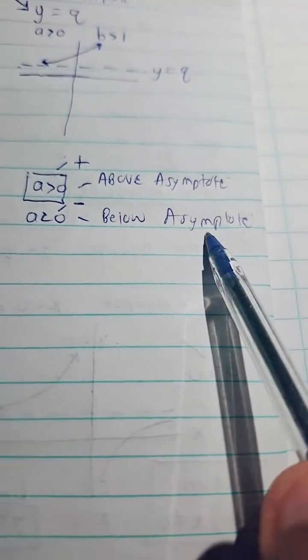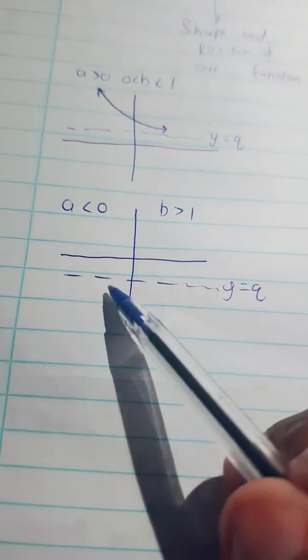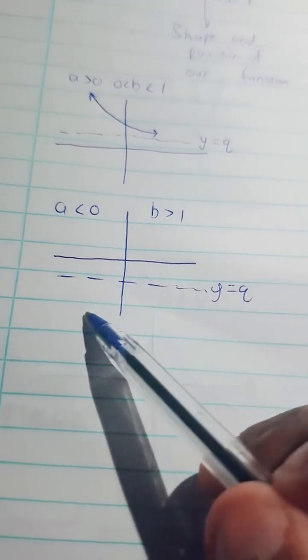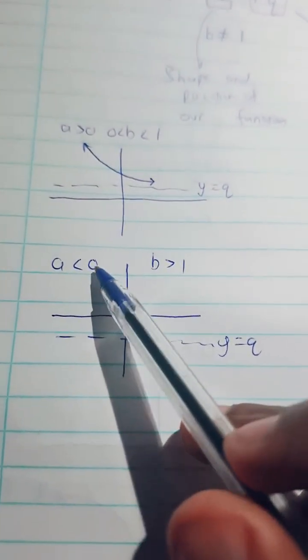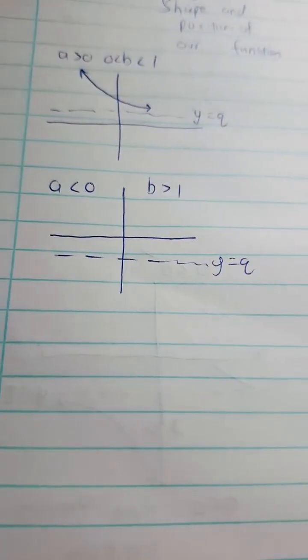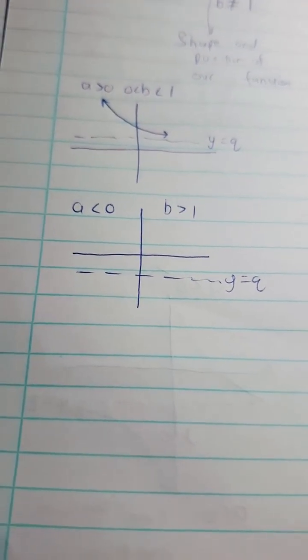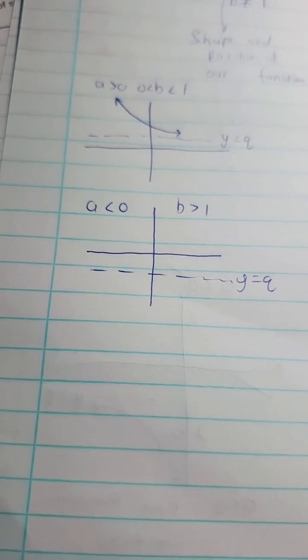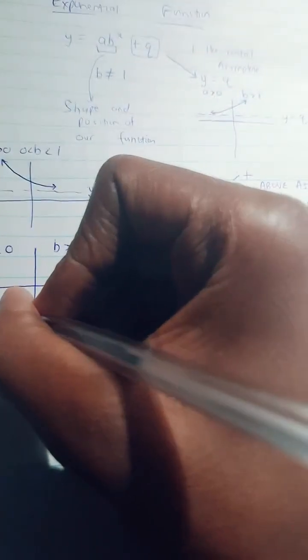Remember, a less than 0 means below the asymptote. So that means our function will not be found above this asymptote. It will be found below the asymptote because a is less than 0. But then, very interestingly, it will be like that.